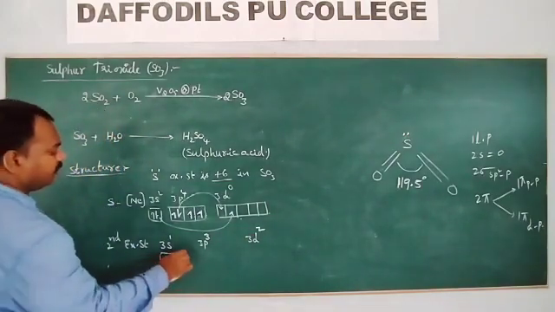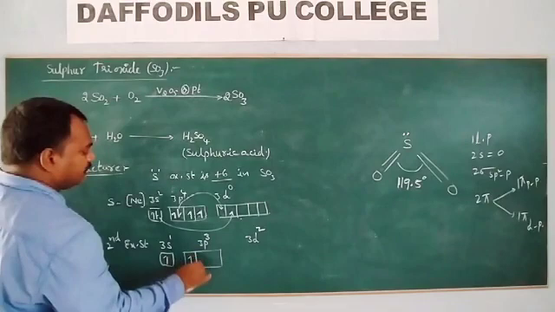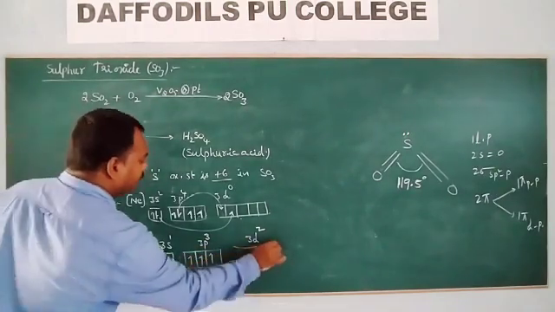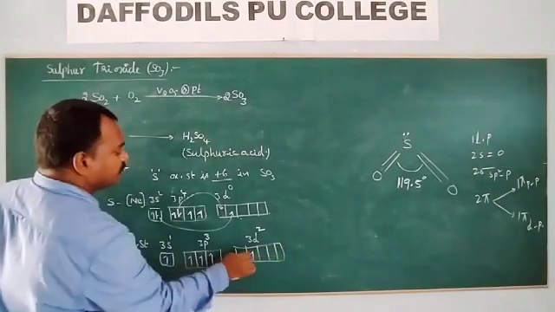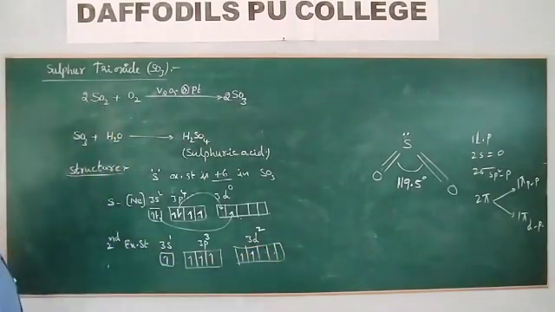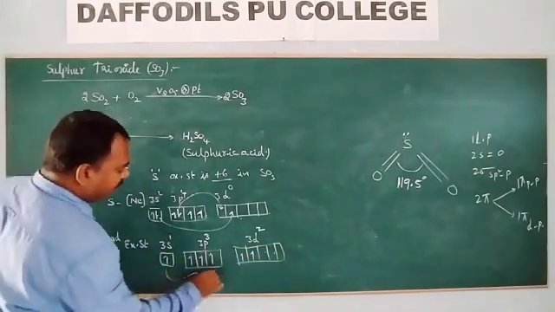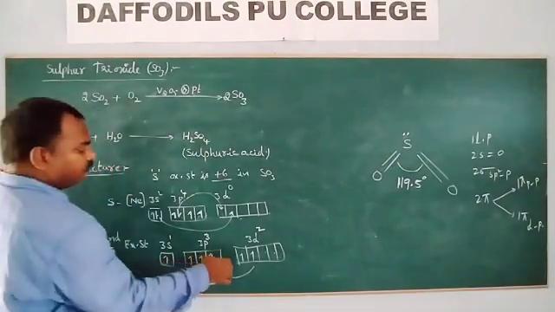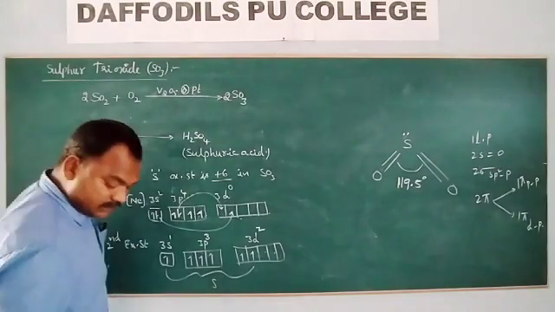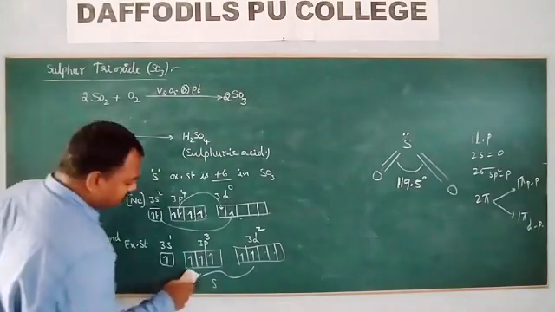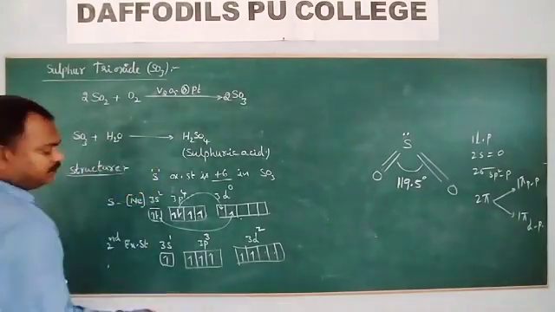So the s orbital has 1 unpaired electron. The p contains 3 unpaired electrons. The d contains 2 unpaired electrons. Count the total number of unpaired electrons: 2, 3, 4, 5, 6. So we get 6 unpaired electrons in the second excited state.